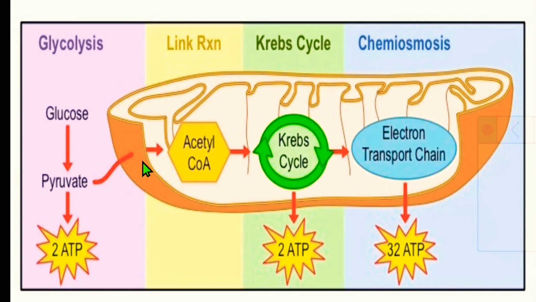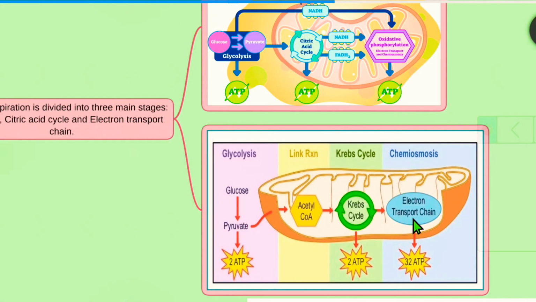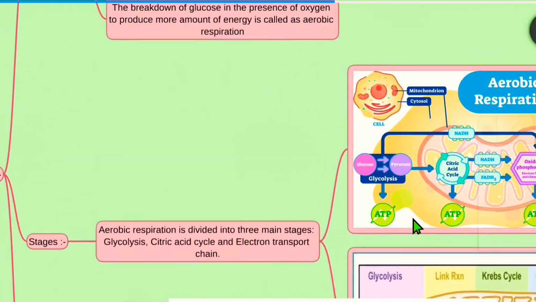After acetyl coenzyme A enters the Krebs cycle, two ATP molecules are released, and next, after the Krebs cycle, the electron transport chain activates. It is also known as chemiosmosis, and 32 ATP molecules are released in the ETC. This is aerobic respiration.